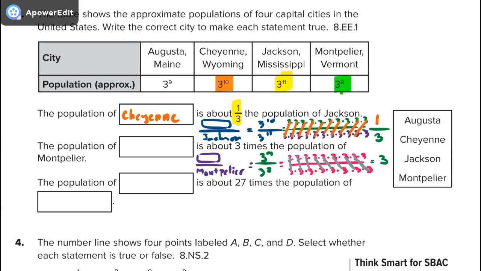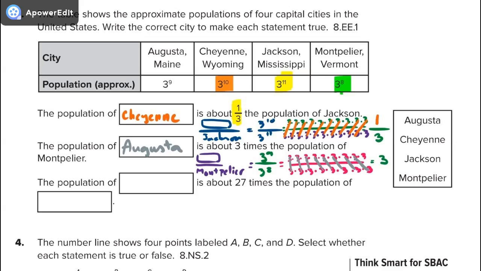So the leftover is 1 number 3, that is our answer. The city that has 3 to the 9 power is Augusta. Augusta is the answer for the second statement.